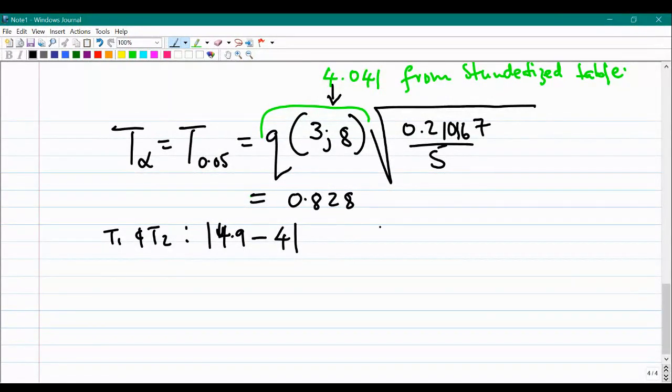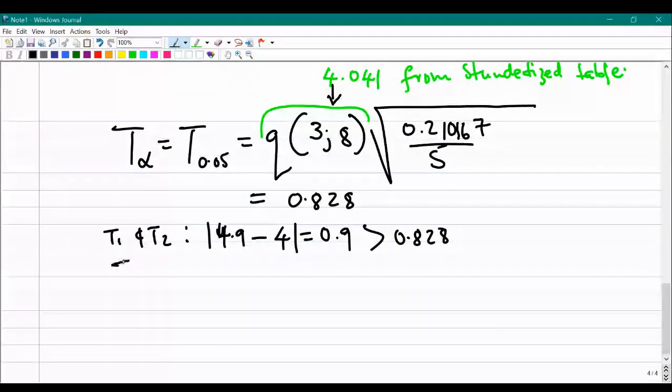Is it greater than 0.828, the value here? Yes. What is the value? It's 0.9. 0.9 is greater than T alpha, isn't it? So this value won't change.